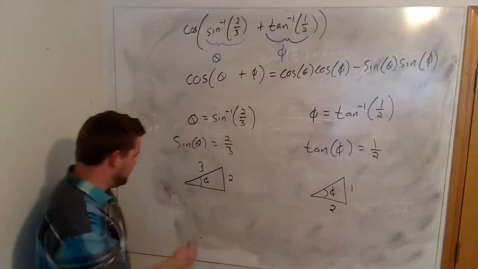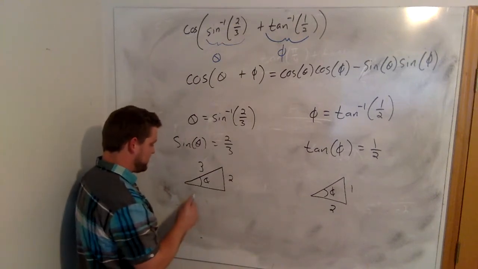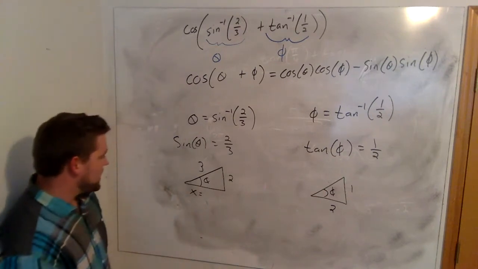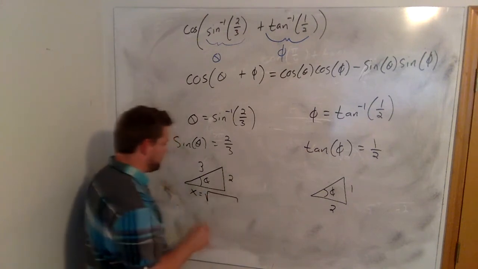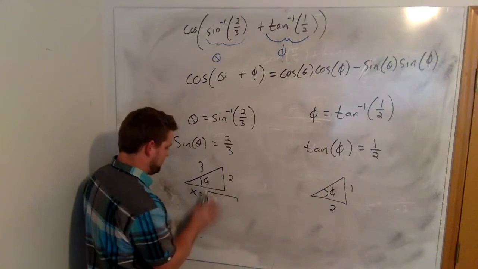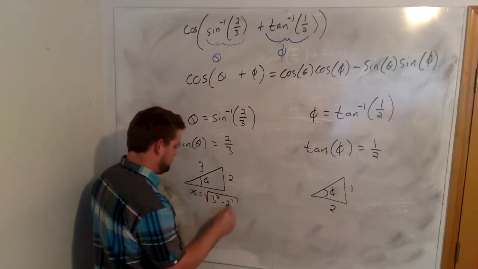So over here, what we need to figure out is the adjacent side. How about we call this x for right now? If we use the Pythagorean theorem, this is going to be the square root of 3 squared minus 2 squared.